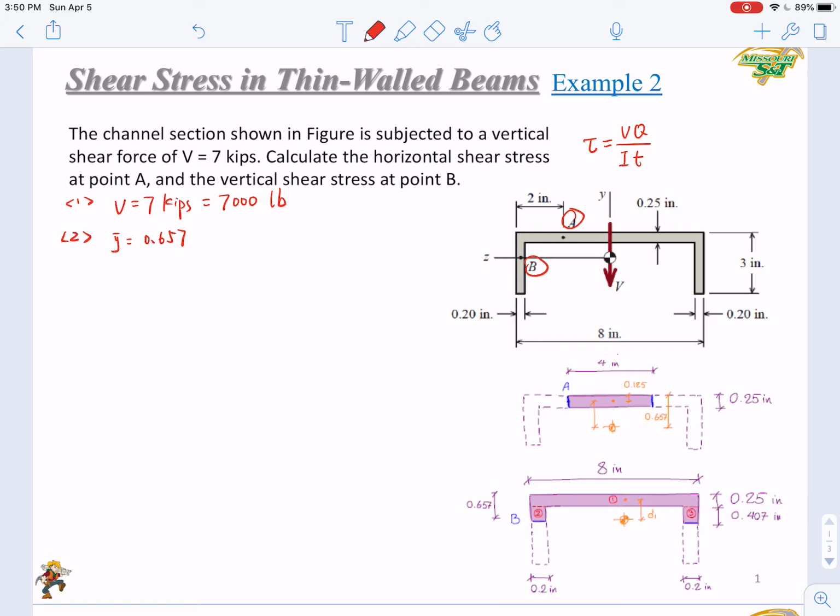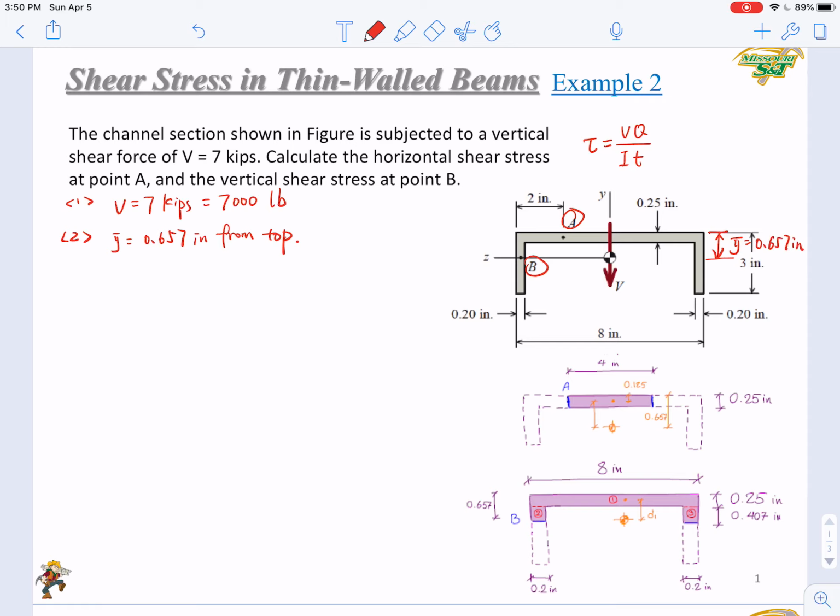Here the y bar is 0.657 inch from the top. If here is the centroid, this is the y bar equals 0.657 inch.